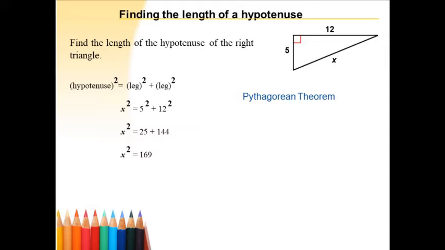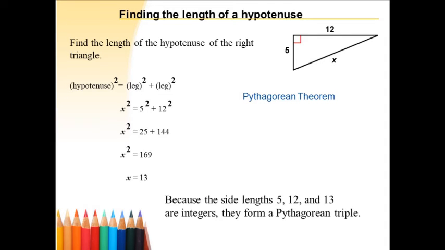To find the value of x, take the square root of both sides. So x equals 13. Because the side lengths 5, 12, and 13 are integers, they form a Pythagorean triple.